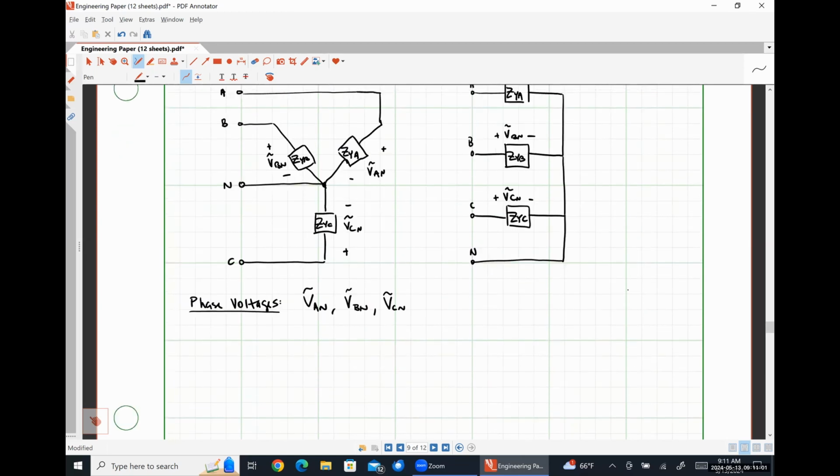All right, Patrick. What are our line voltages going to be? VAB, VBC, VCA. Yep. All with capital letters.